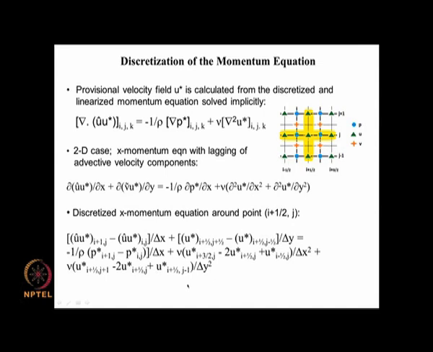Now, in this discretization, where are we? If you look at the diffusion term, it is not posing us any problem, because we have exactly the 4 neighboring points plus the central point. So, these are the points at which the u velocity is being evaluated.